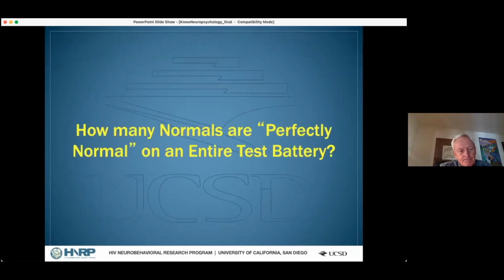So we've been talking about use of norms for a single test measure. But what happens if you give a battery with a whole bunch of tests?